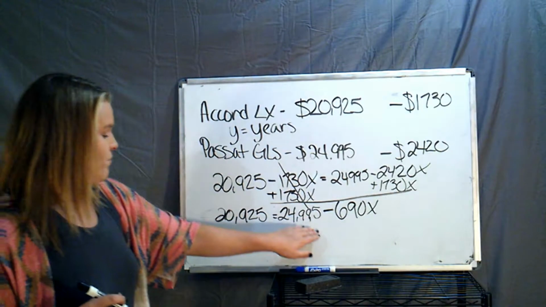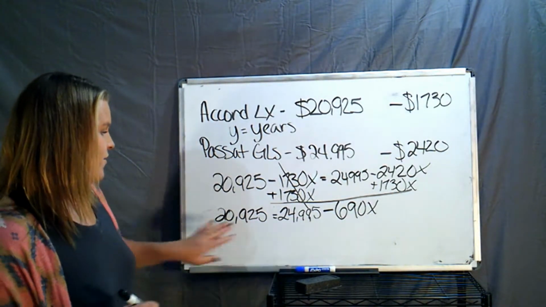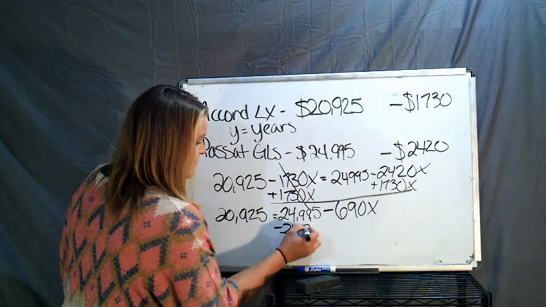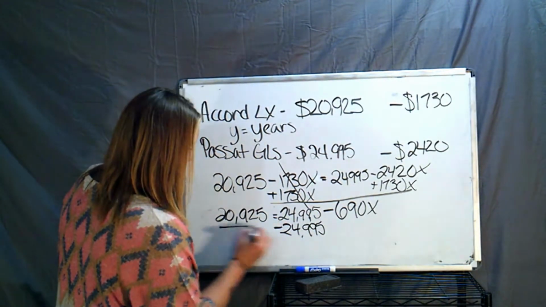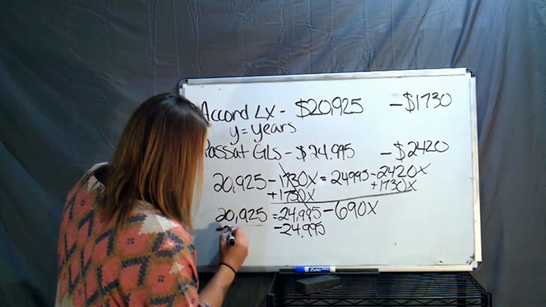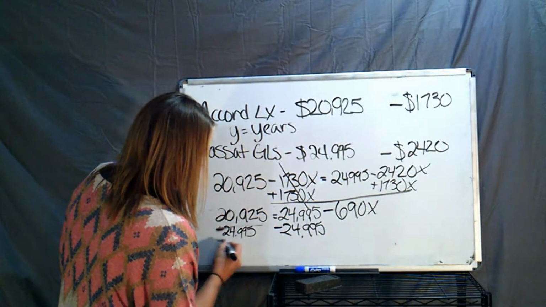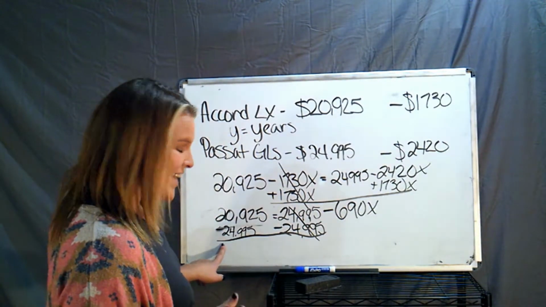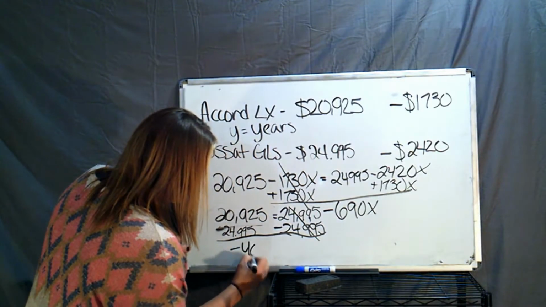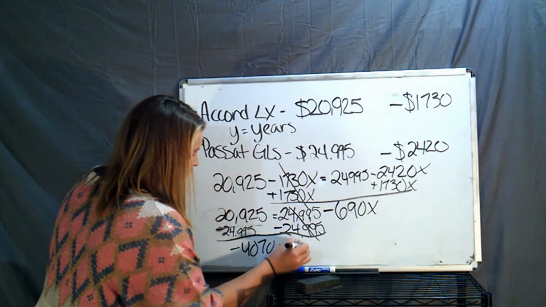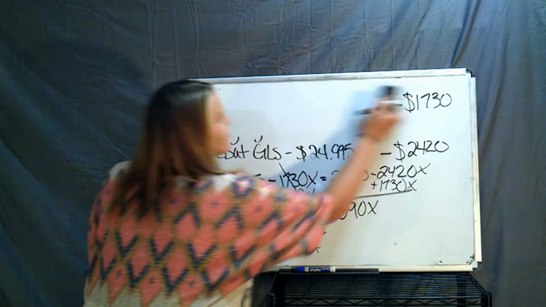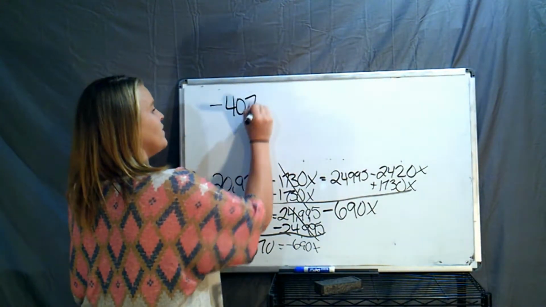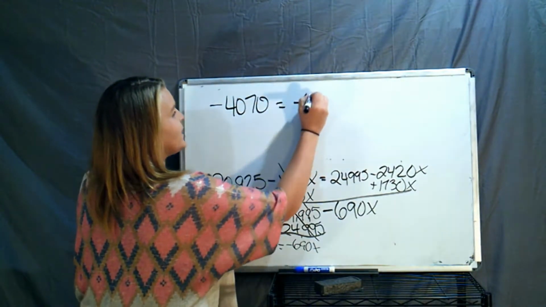And now I want to bring my constant term over here, so I'm going to subtract 24,995. Okay, so when I do that, I'm going to get a negative 4,070 over here, and that is equal to our negative 690x.